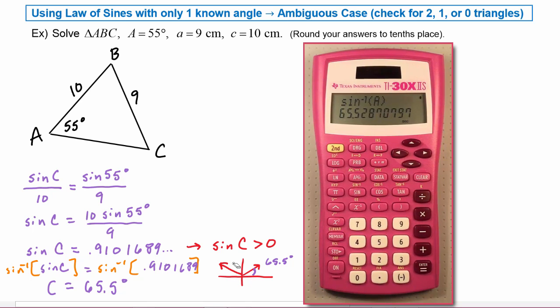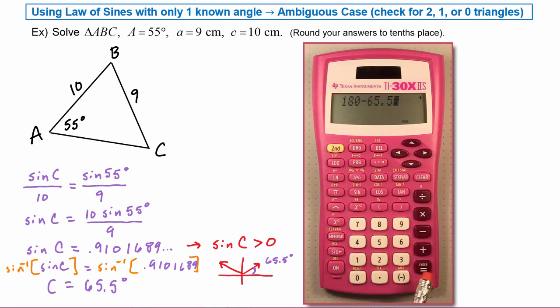Then to find the quadrant 2 angle, just grab your calculator and do 180 degrees minus 65.5 degrees, and we find out that the quadrant 2 angle is 114.5 degrees.